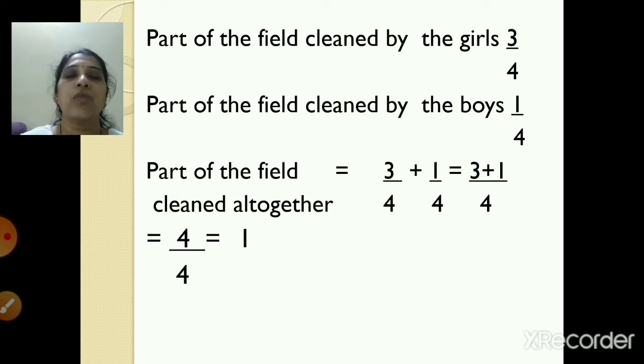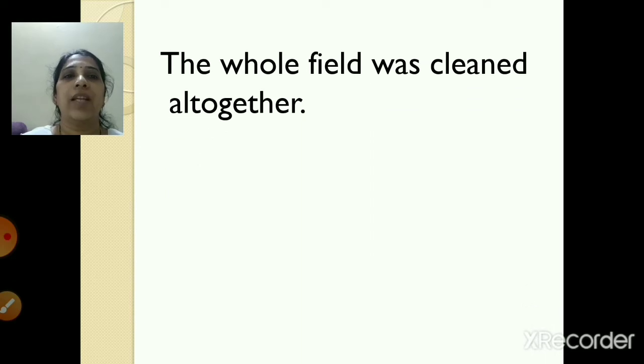So 4 upon 4, what you will do? 4 ones are 4, so you will write it as 1. So the final answer will be the whole field was cleaned altogether. 3 upon 4 plus 1 upon 4, so 4 upon 4, that means 1. So the whole field was cleaned altogether by the boys and the girls.